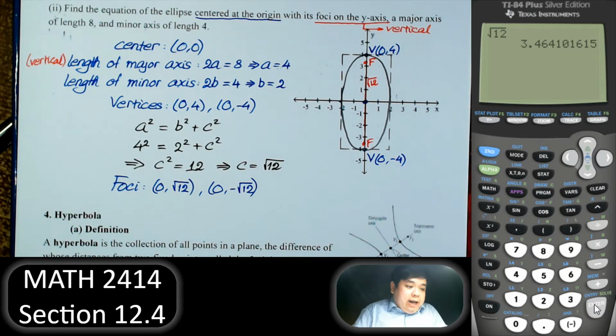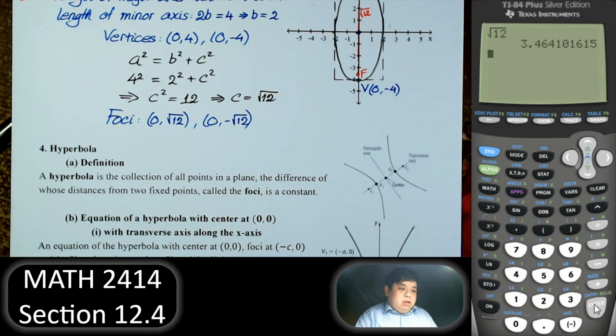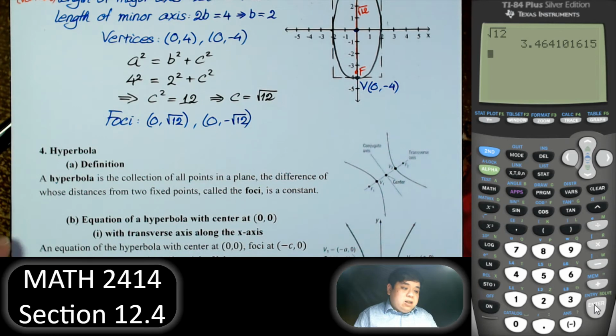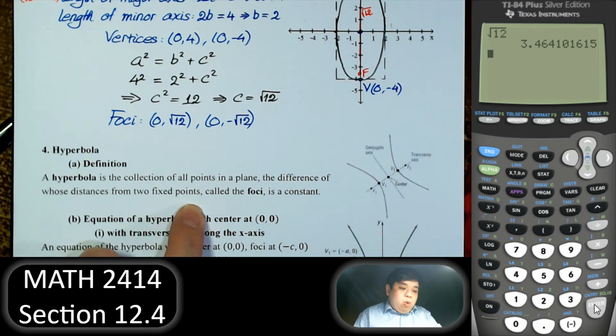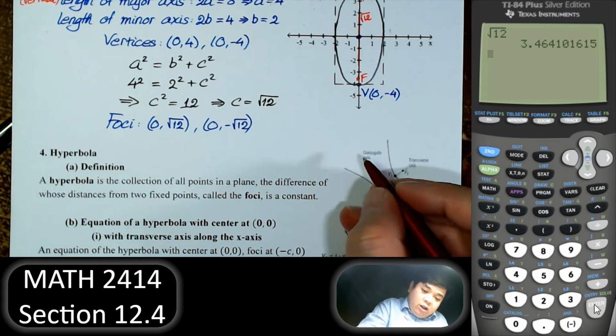Right. Now we go to the third one, the hyperbola. Hyperbola is the collection of all the points in the plane where the distance to 2 fixed points, the foci, is constant. So first of all, we have 2 foci.